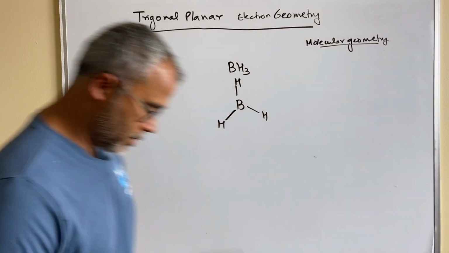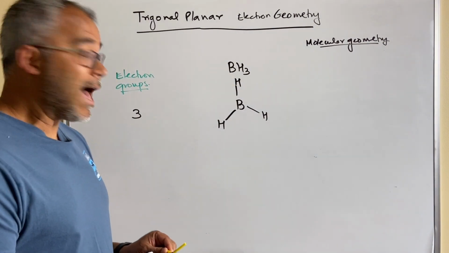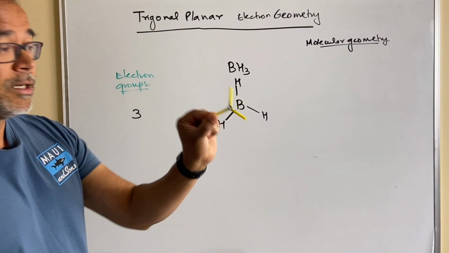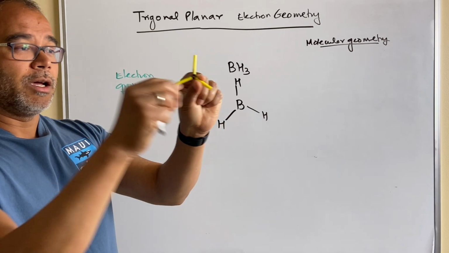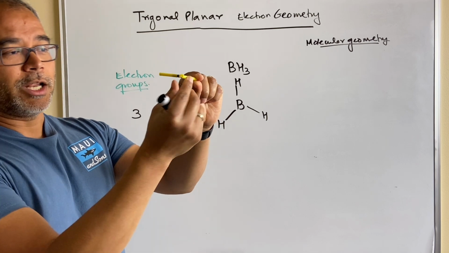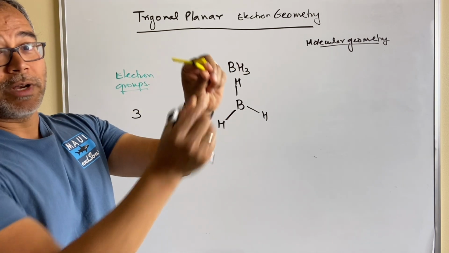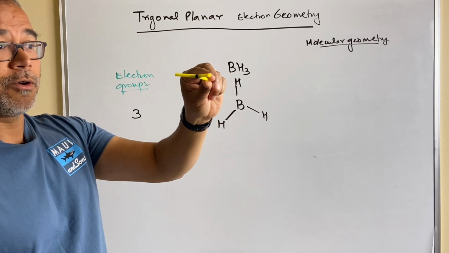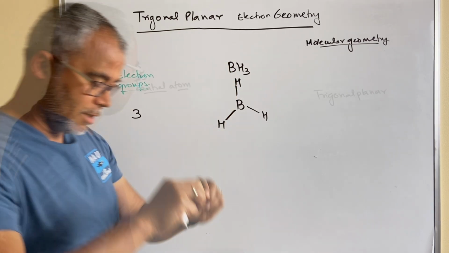So the structure of that is going to look like this, right? Notice carefully, there are 3 atoms coming out all around, and if you actually look at it just like this, you can see that all of those are in one single plane. So three-dimensionally, that is the shape. Therefore, trigonal planar, single plane.